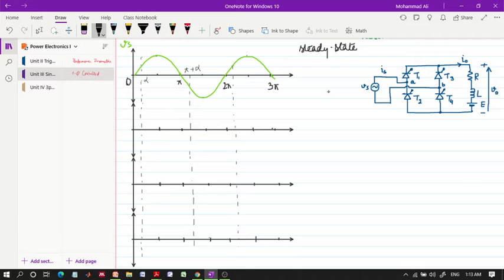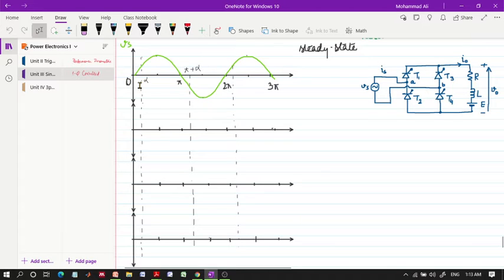What do I mean by steady state? I mean that this converter is running for quite some time, and after that I'm analyzing the performance of the circuit. Okay, so let us say, for the sake of simplicity, that this point is 0. But in fact this operation has been continued from a point back in time.